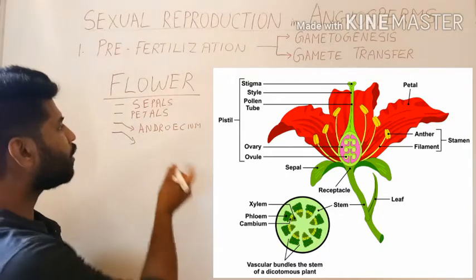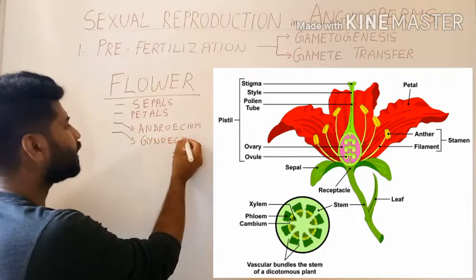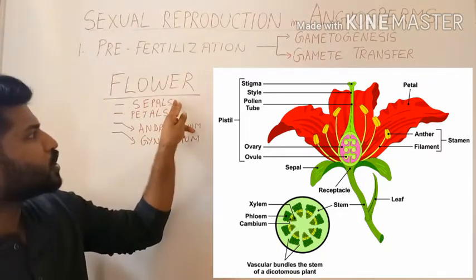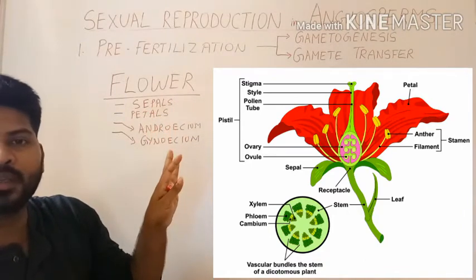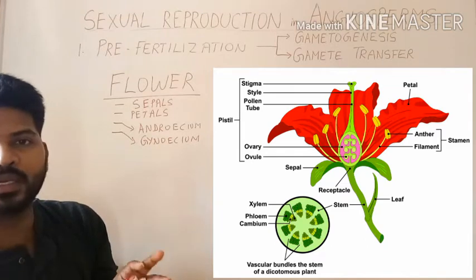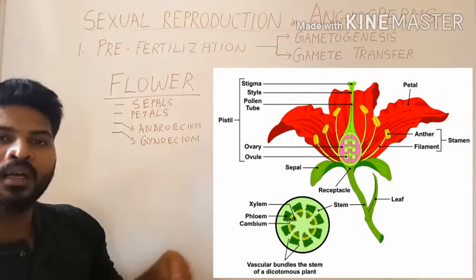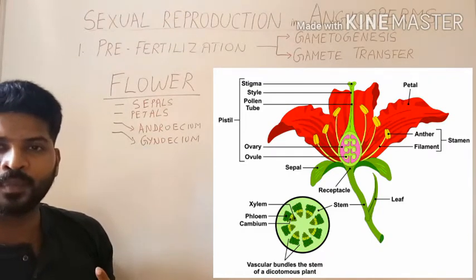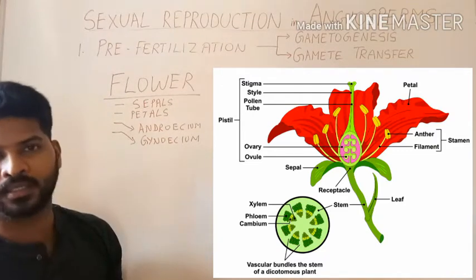If you look at the diagram of a flower, these are arranged in different whorls. The function of sepals is protective. They protect the flower bud during its early stages. Petals, you know, are large, colorful, sometimes fragrant also. Their main function is to attract the pollinators.